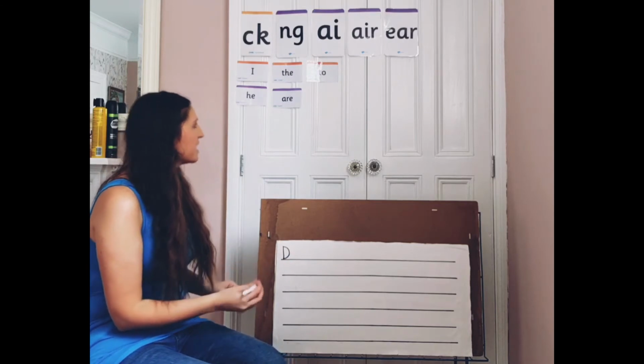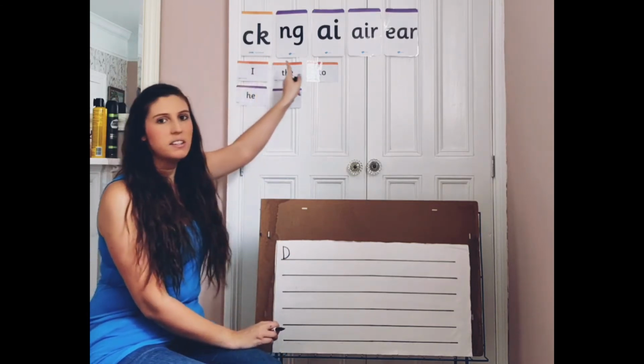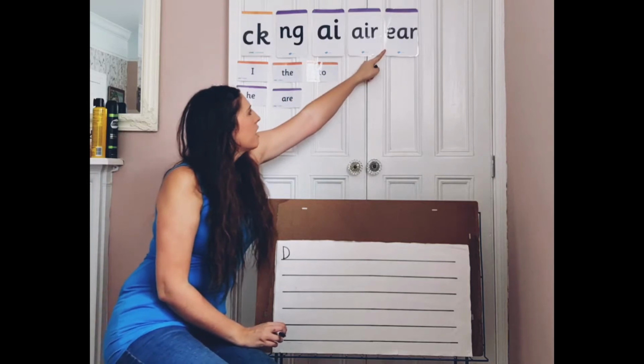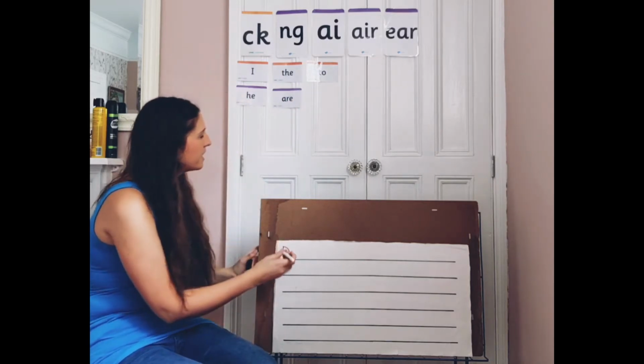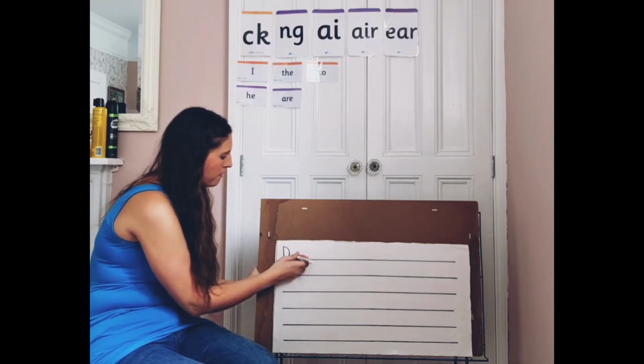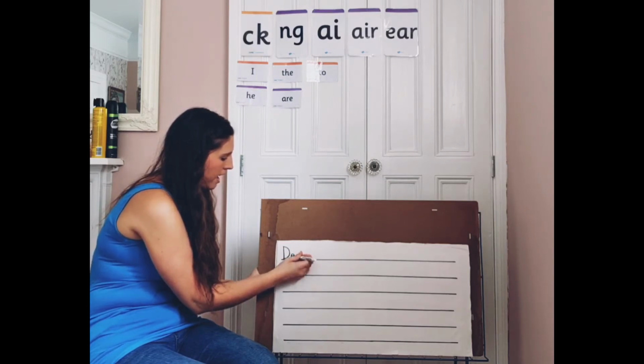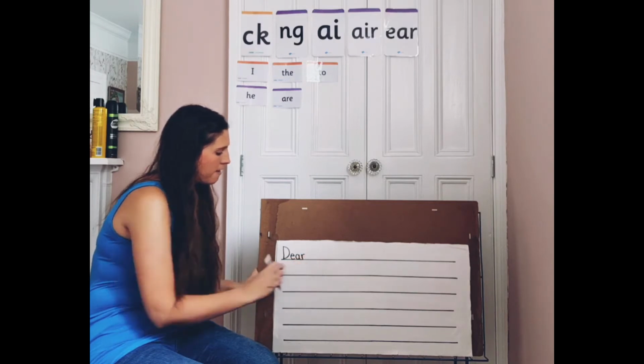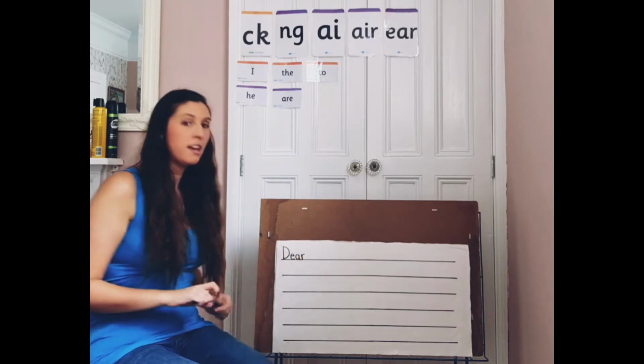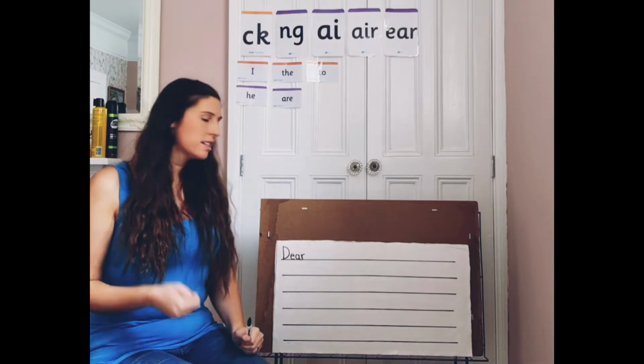And then the ear sound, we've actually got it up here. Can you see? There it is, right on the end. So it's 3 letters. It's a trigraph, this one. So we need an E and A and a R, or E-A-R. Okay, dear.